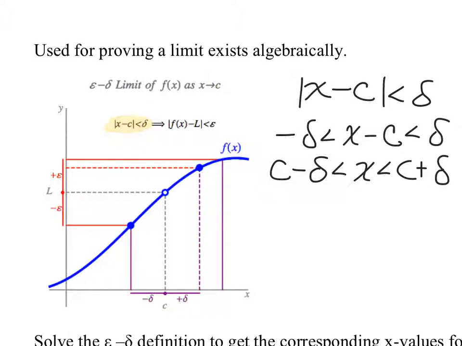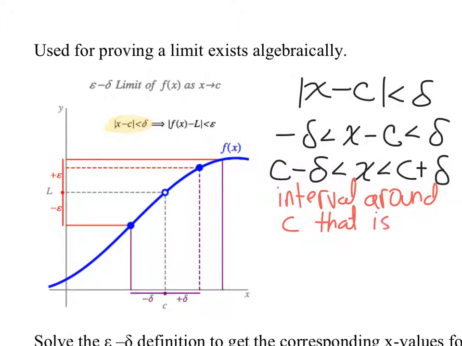But when you look at something like this, what we're really getting at is the idea that you have some value c minus or plus some value delta. All right? So what we're creating is an interval around c that is equal to whatever delta is. All right, so an interval around c that's equal to delta.